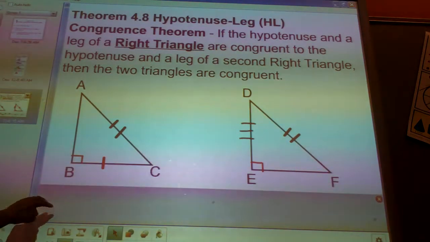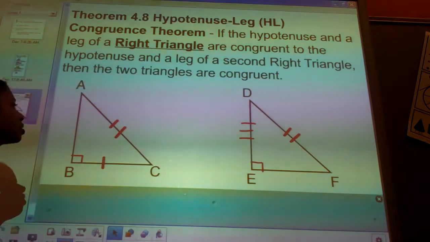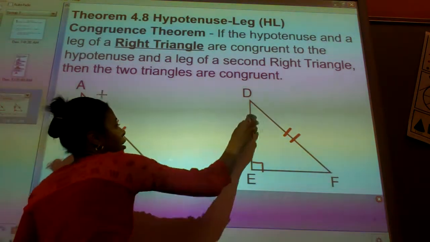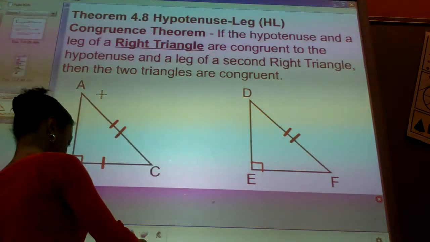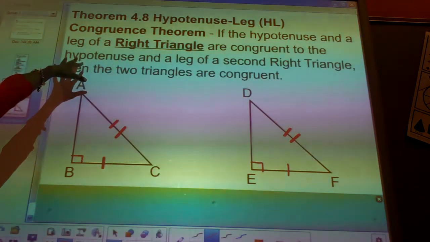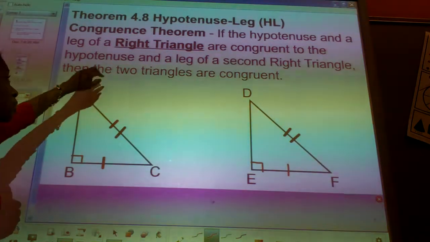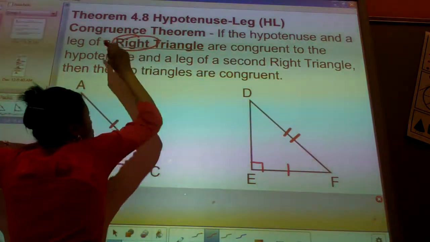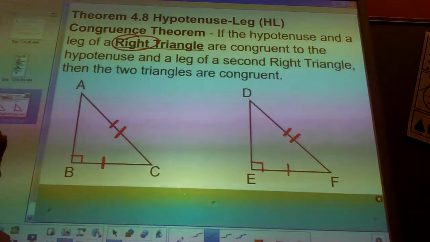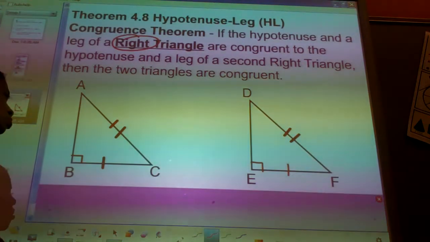So I have two right triangles, triangle ABC, and I'm trying to say that it's congruent to triangle DEF. Now, the hypotenuse leg theorem says that if the hypotenuse and a leg on a right triangle, and the key word is right triangle, are congruent to the hypotenuse and leg of a second triangle, then the two triangles are congruent.